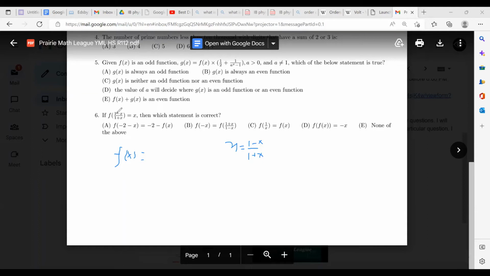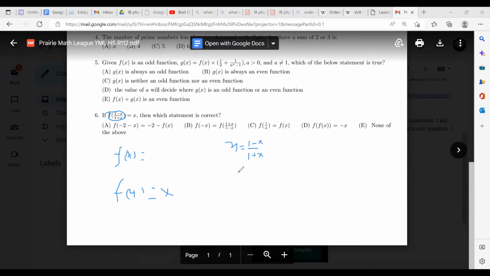So f of (1 minus x over 1 plus x) is just f of y, and this is equal to x. But we don't want x here, we want something in terms of y. So we want to do some algebra to find x in terms of y.